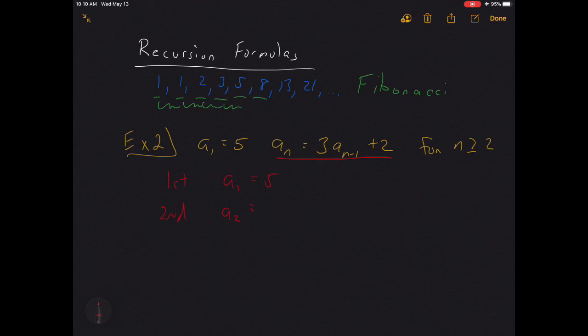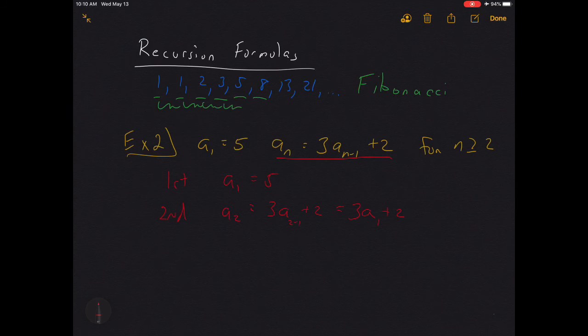So here's the general idea. I'm going to plug a 2 in for n on the right side of the equation. What I would get is 3 times a sub 2 minus 1, plus 2. But 2 minus 1 is just 1. So to find a sub 2, I'm going to do 3 times a sub 1 plus 2.